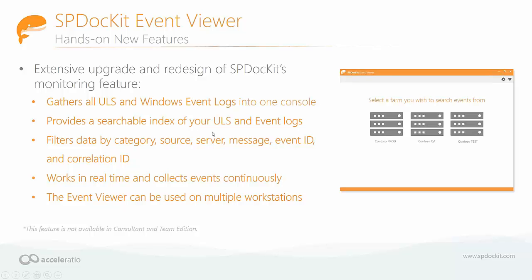This is a really massive upgrade of SPDocKit's monitoring feature. Now it helps you to gather all of the ULS and Windows event logs into one console from all of your farms. What is very useful to mention here is that you can filter all of this data by category, source, event ID, correlation ID and message. The Event Viewer works in real time and collects events continuously, and you can use it on multiple workstations.